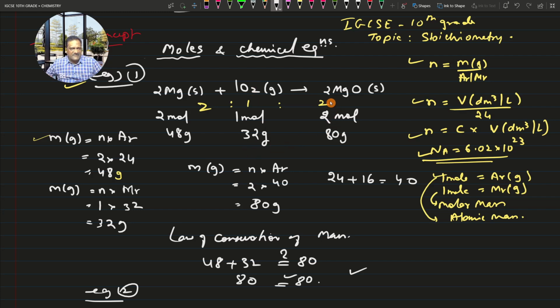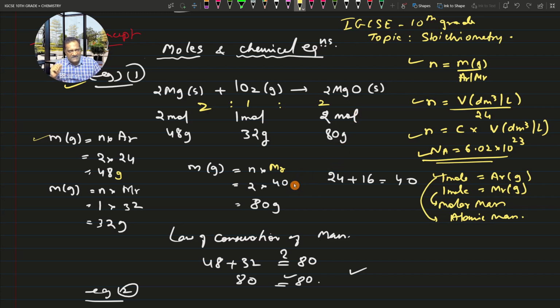So you get this 32 gram in this column. And in the same way, if you go for MgO, 2 moles of MgO will be formed. So again, you will put this same formula, M is equal to N into AR. Now here, instead of AR, there should be MR. I'm being very precise about all this. So N into MR. So N will be 2 because 2 moles of magnesium oxide. Magnesium oxide being a molecule, you will take MR of this MgO.